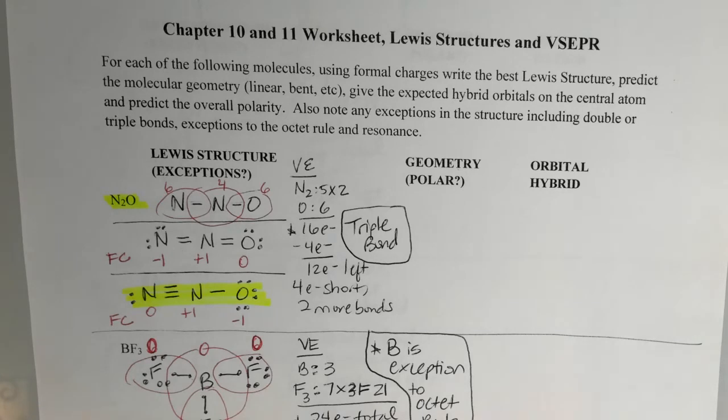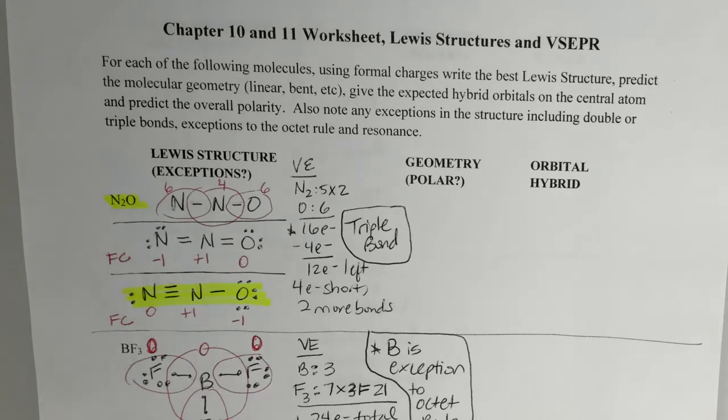And we had done the first half of this for Chapter 10, looking at Lewis structures, formal charges, trying to come up with the best structure. We talked about resonance. Now what we're going to do is apply the Chapter 11 material, which is looking at the electron group and molecular geometry, and then whether or not the molecule would be polar or nonpolar, and then talk about the orbital hybridization that we get there.